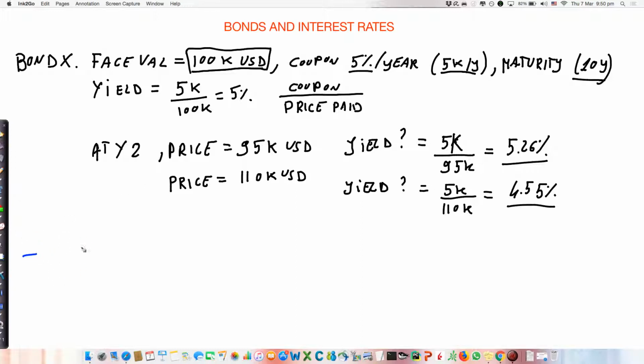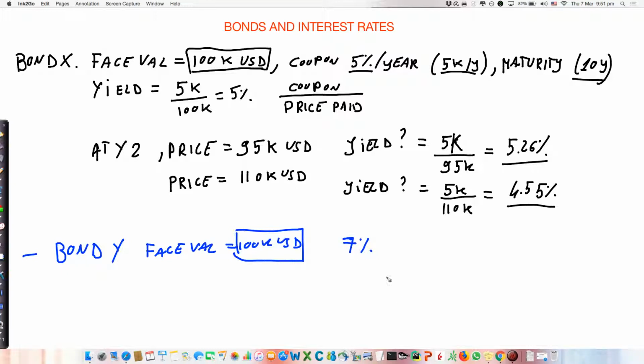Suppose that in year 2, they issue a new bond called bond Y with the same face value, 100K USD, but this time they give you 7%.